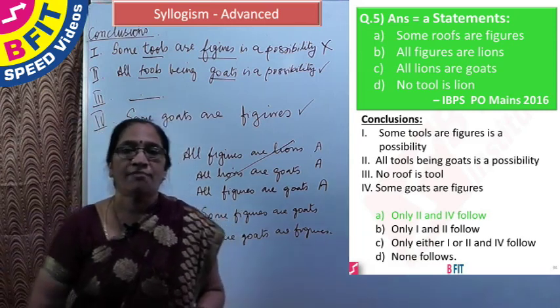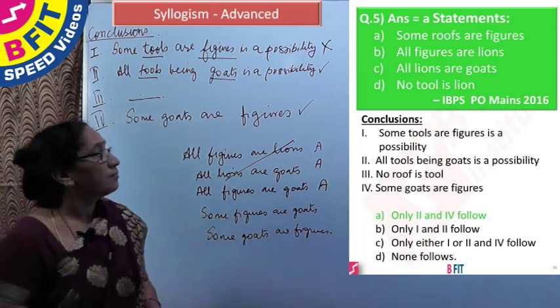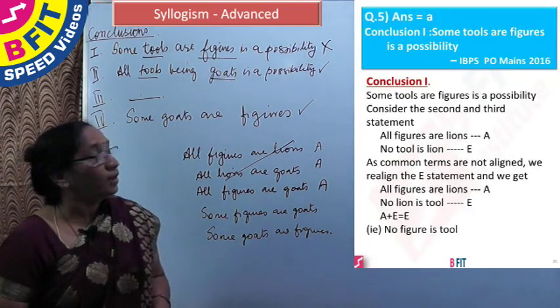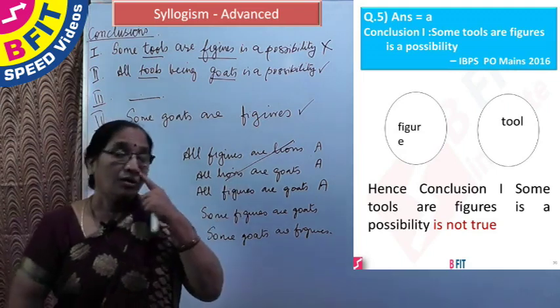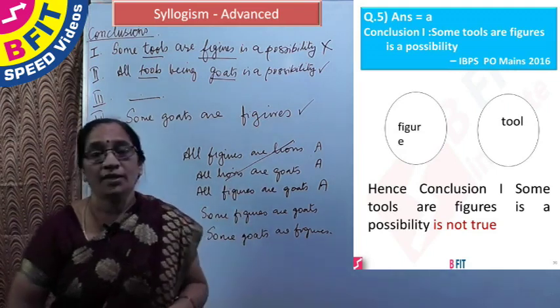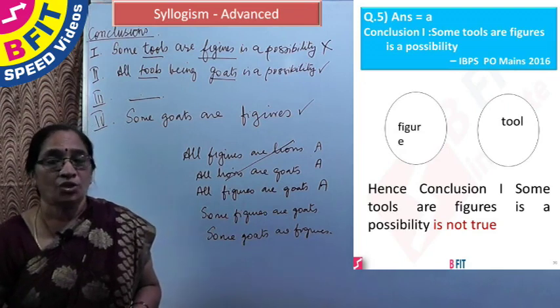Let us look into the working slide. Conclusion 1 is being worked out and the Venn diagram is drawn, and it is proved that conclusion 1 is not true.